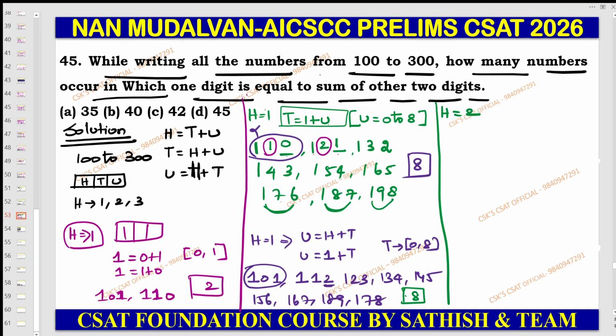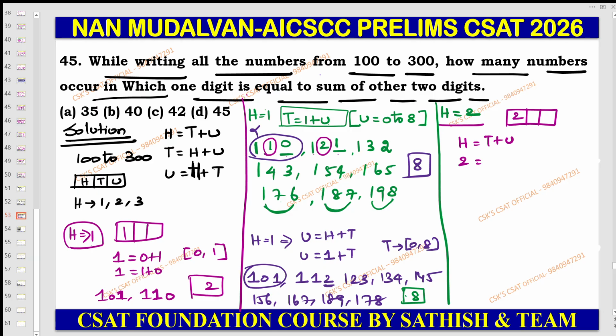Next, when h is equal to 2, now try to understand. We have to check the same here. All three cases you have to check here also. So h is equal to t plus u. 2 must be here.